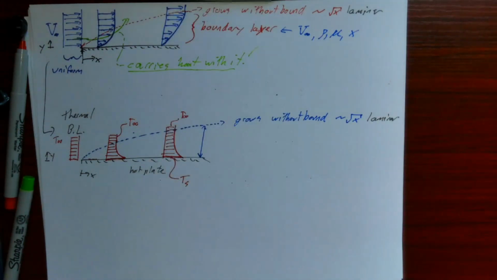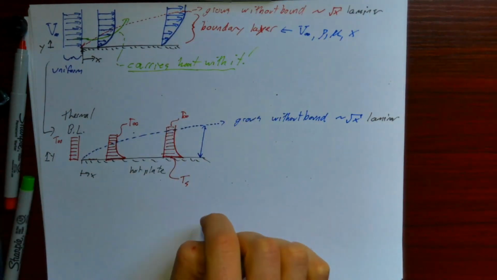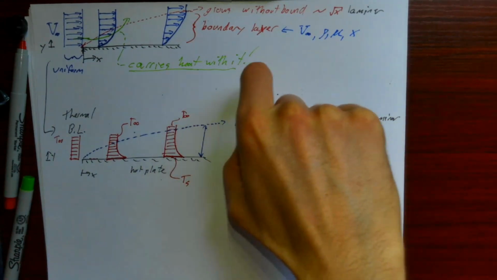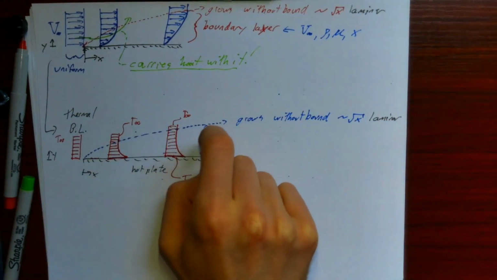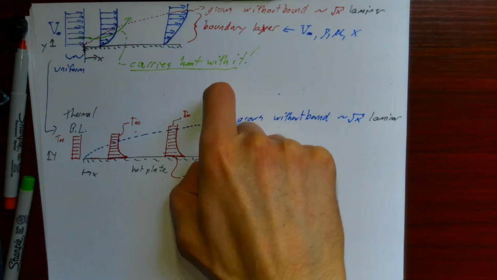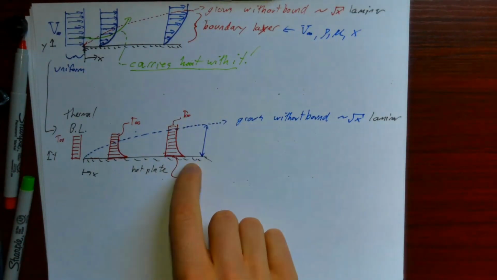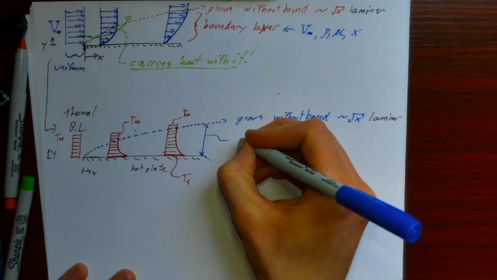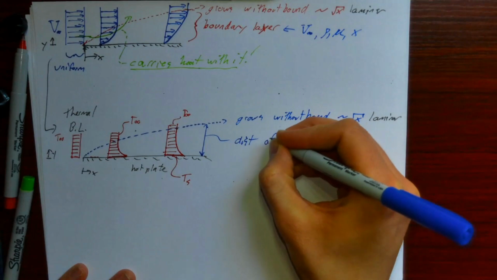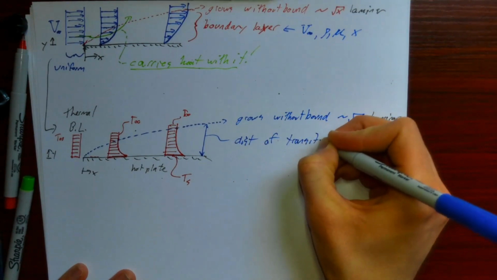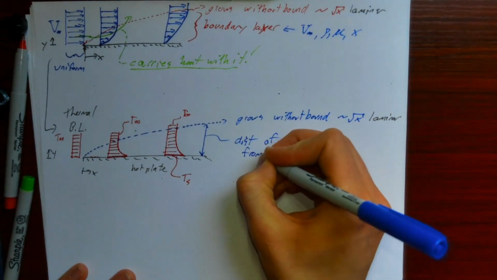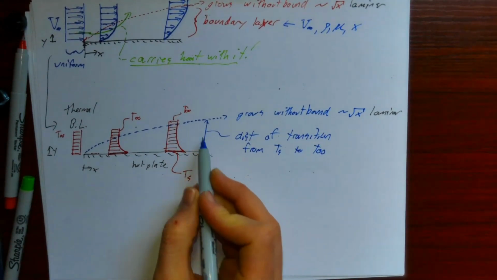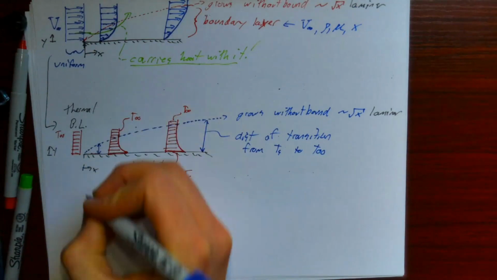So what's going on here? This boundary layer grows and increases the distance over which the transition happens from Ts to T infinity. So right here there's a greater distance of the transition from Ts to T infinity, for example, compared to right here.